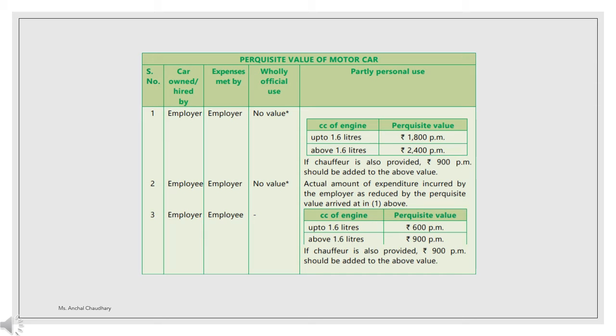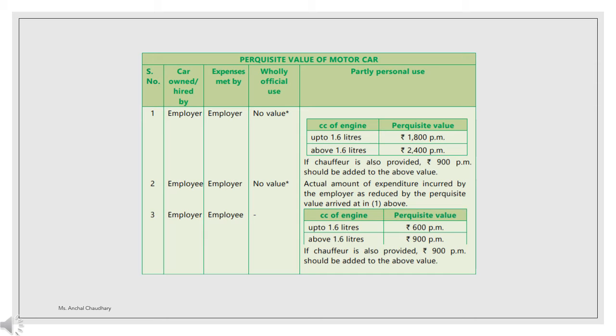If the car is owned or hired by the employer and all the expenses are also met by the employer, and it is used fully for official purposes only, then no prerequisite value will be there; no value will be taxable in this case.